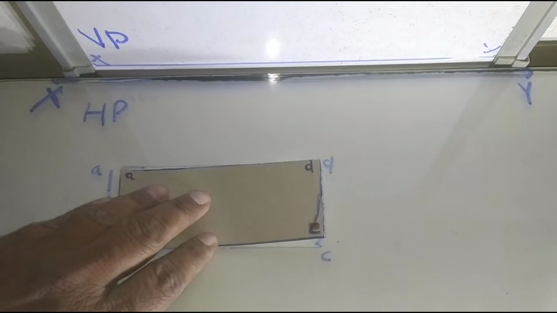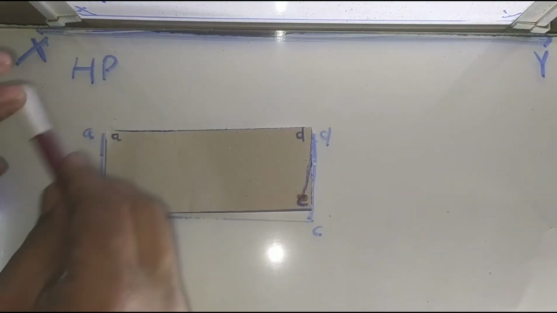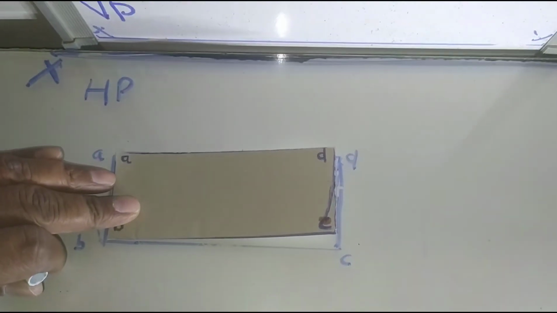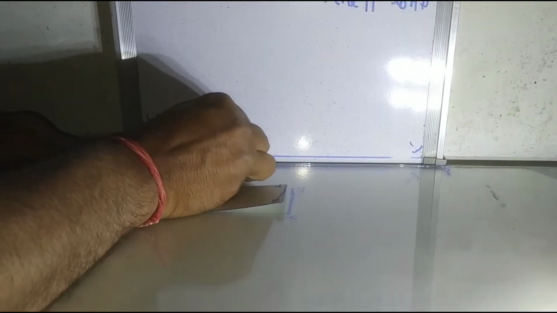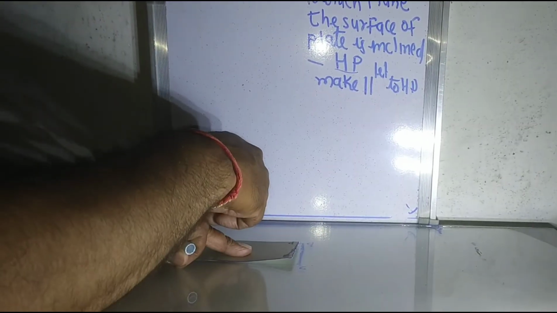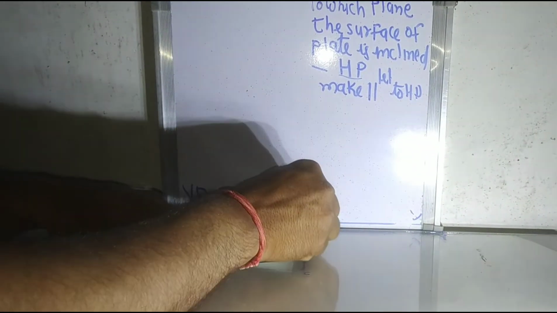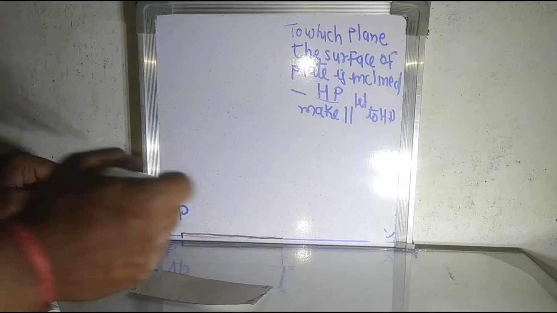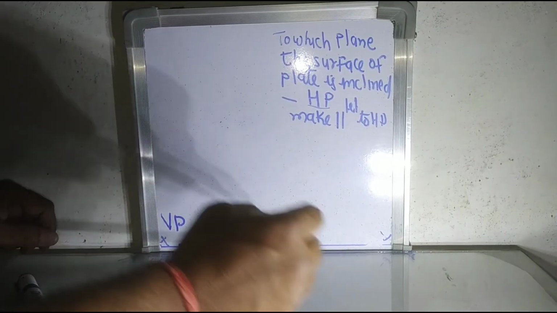Now its front view will be a single line. Here I will draw the single line. It will be on the XY line because it is lying on XY. I will draw the projections here, straight projections. Now this black color, a single line, indicates the front view.